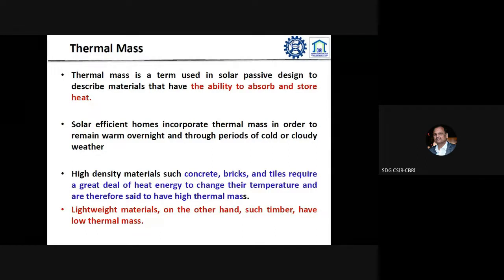So we cannot depend only on heavy thermal mass, but we have to go with some insulating material as well. Your envelope should be a composite of both solid material and insulating material. Lightweight material on the other side, such as timber, has low thermal mass.